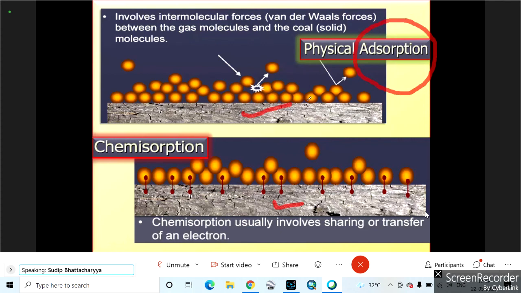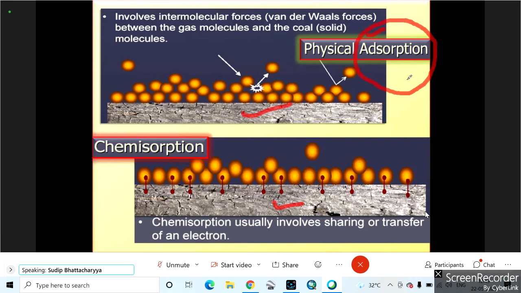Very important. It is not absorption, not AB, it is AD. So adsorption is of two types, physical and chemical. These are the coal surfaces. They have the property of adsorption, by virtue of which they attract the methane molecules, and the methane molecules are stored within the micropores.